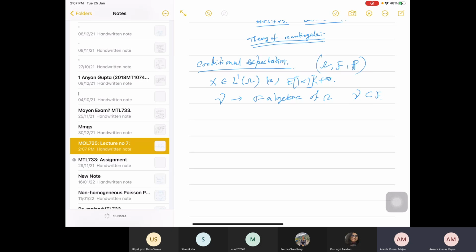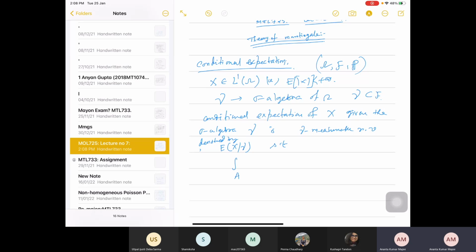So what is the conditional expectation? The conditional expectation of X given the sigma algebra nu is a nu-measurable random variable, denoted by E[X | nu], such that if you consider any measurable set A from nu, then the integral over A of X dP is the same as the integral over A of E[X | nu] dP.